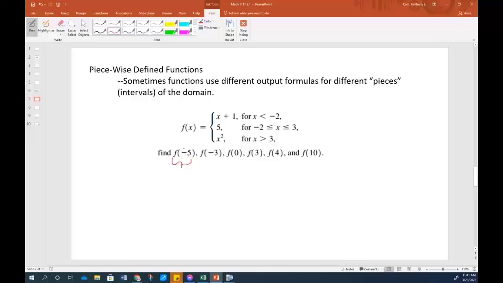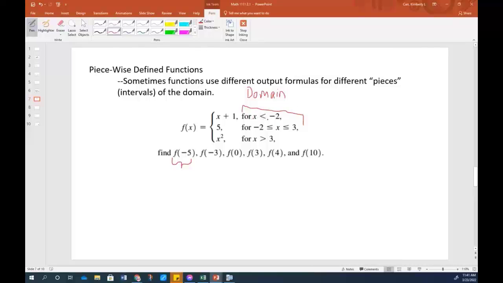It's as simple as saying, okay, my number I'm plugging in is negative 5, so x is negative 5. Then you go over here, and these are domain sections. So all of this part is actually the domain. You need to figure out which part of those domains negative 5 fits into.